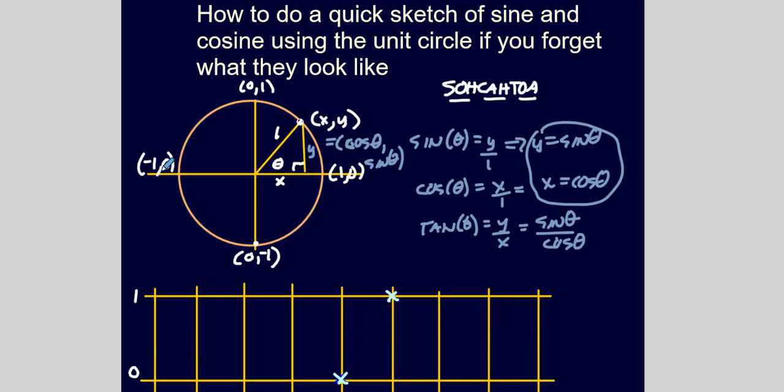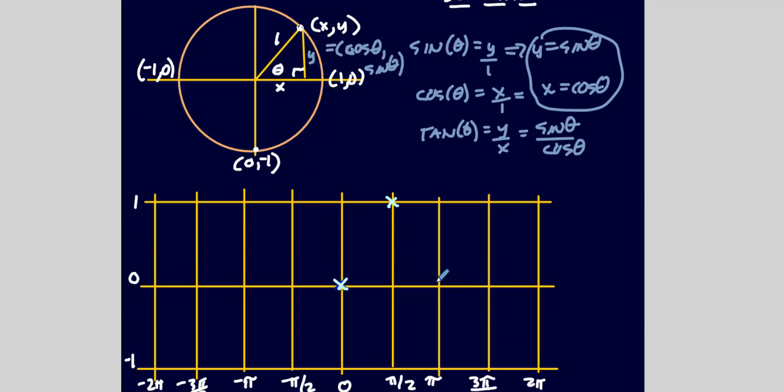At pi or 180 degrees, sine is 0 again. At 3 pi over 2 or 270 degrees, sine is negative 1. And then back to 360 degrees or 2 pi, it goes back to 0.